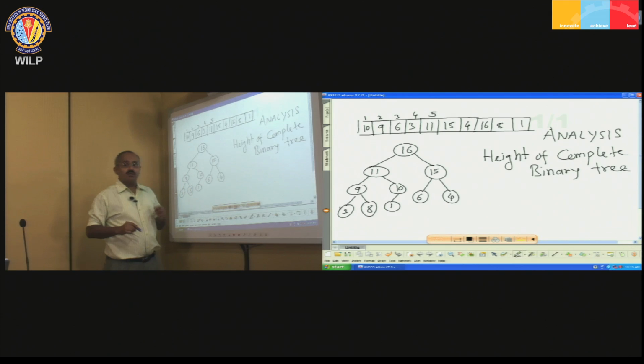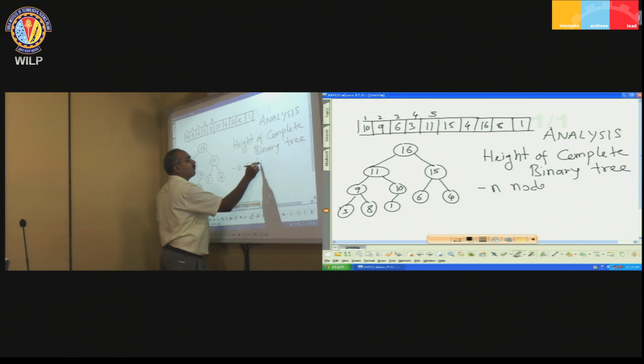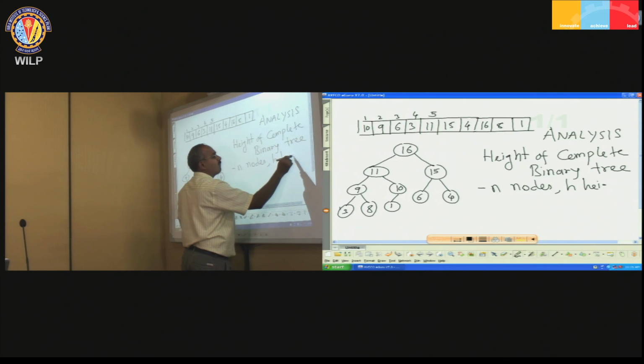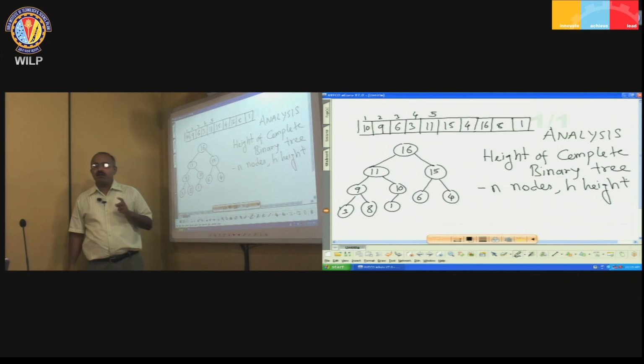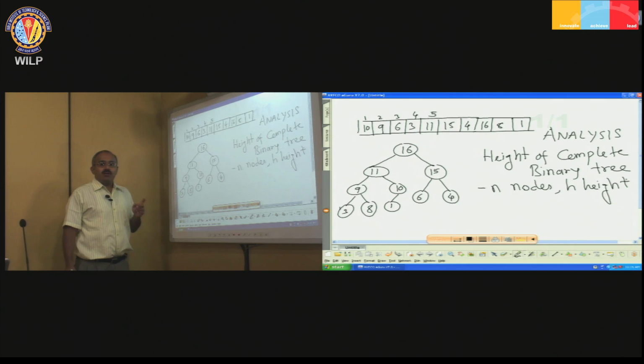What we are going to do is, if my complete binary tree is going to store n nodes and h is the height, we will have a relationship between n and h. So, if you have a complete binary tree with n nodes, we are going to have a relationship between height and the number of nodes.